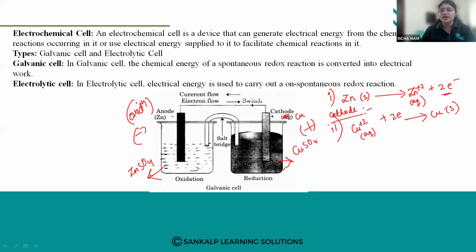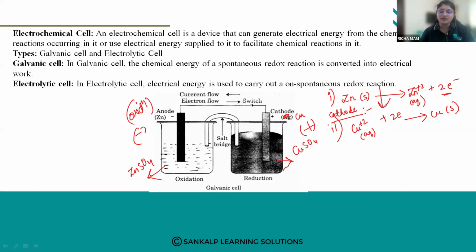Cu2+ ions have a tendency to accept this pair of electrons and deposit on the copper metal. So the electrons move from zinc to copper, and it generates electricity.